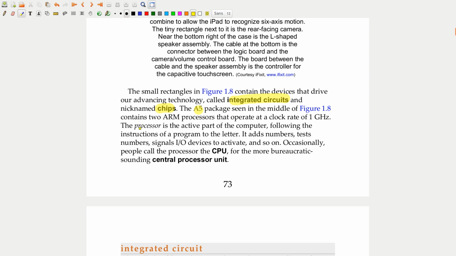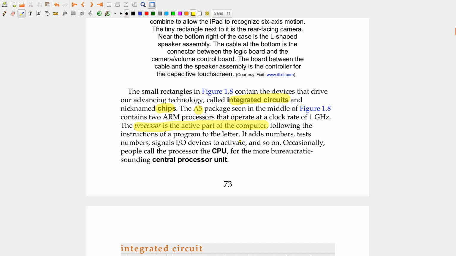That's fine. The processor is the active part of the computer, of course. I think everyone can reason about that. For an actual computer, it adds numbers, tests numbers, and signals I/O devices to activate. There has to be some set process for when you turn on a computer, or an iPad, for it to know what to do.